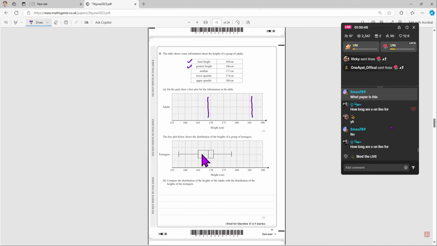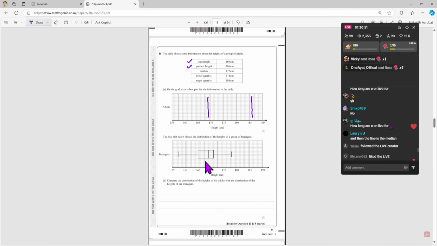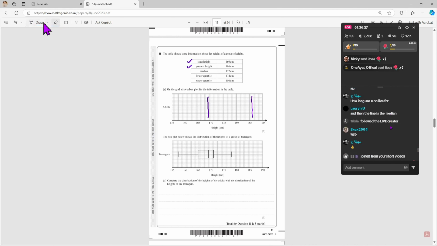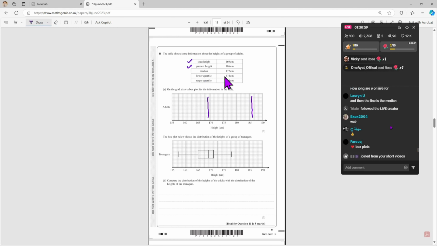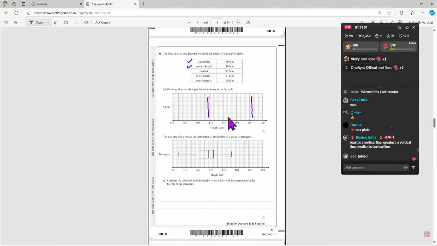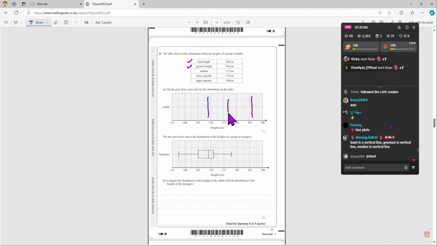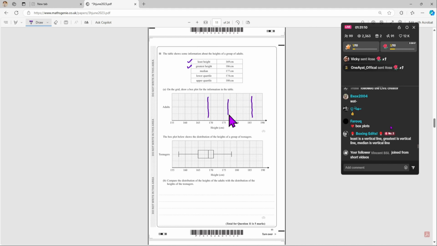Yes, so this line over here is the median. We have to draw that specific line. This median is 177, so 177 is right here. I'm going to draw it like that. That's going to be our median line.